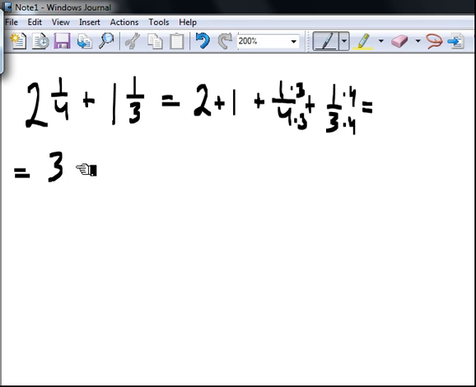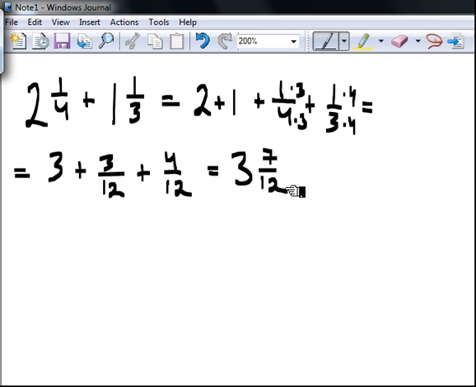Okay, so then it's going to be plus 3 12ths plus 4 12ths. So it's going to be 3 whole and 3 12ths plus 4 12ths, that's 7 12ths. So now we added 2 whole and 1/4 plus 1 whole and 1/3, and that's 3 wholes and 7 12ths.